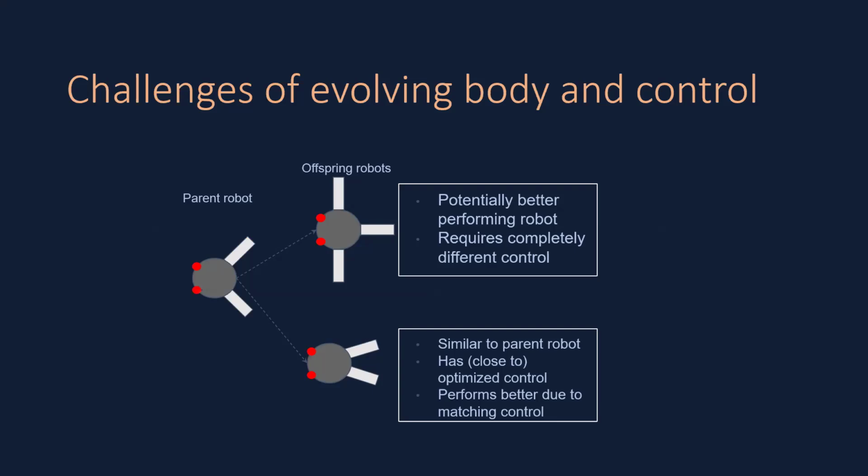The top one might be a potentially better robot than the bottom one, but it requires completely different control. But because the control optimized for the parent robot is matching for the bottom robot, this will perform better than the potentially better robot.